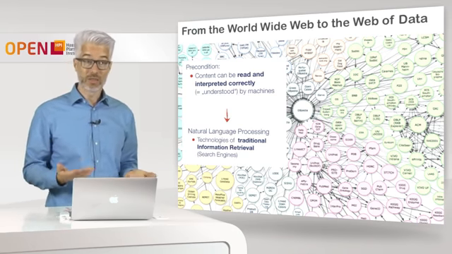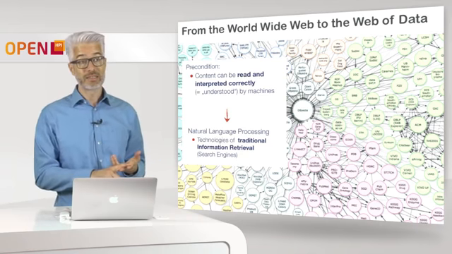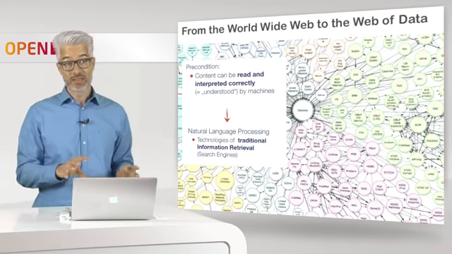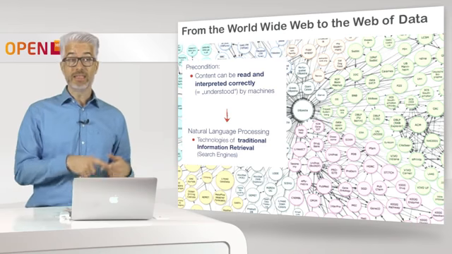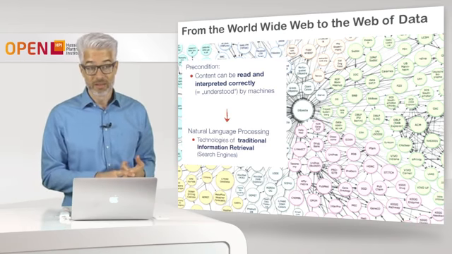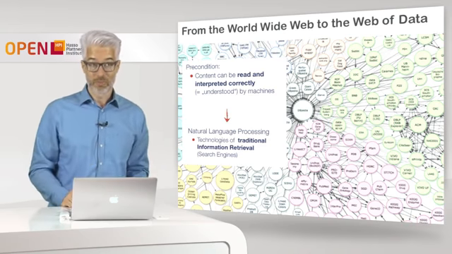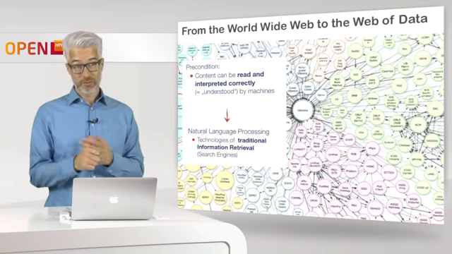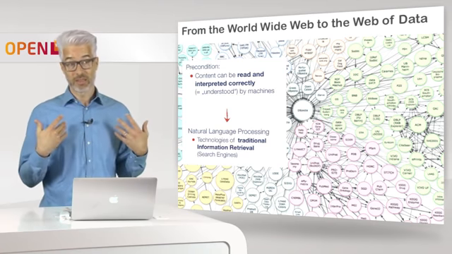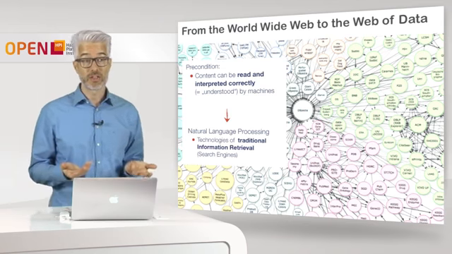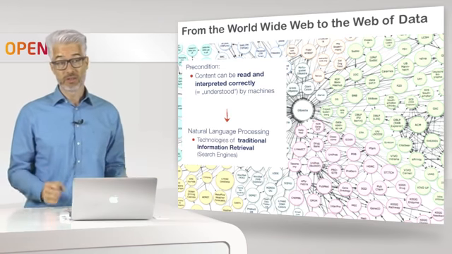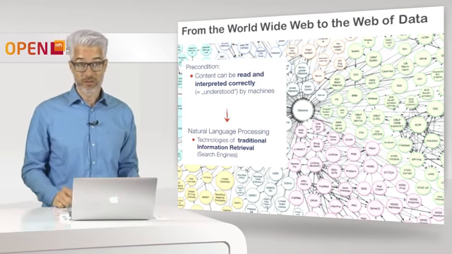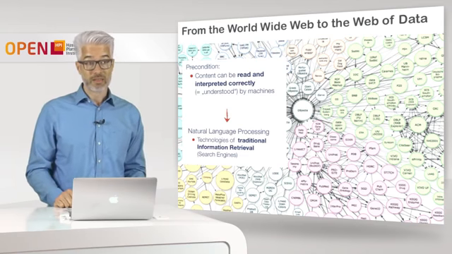And we know already that understanding in our sense means the information has to be read and interpreted in the correct way, which means understood by machines. So the first way to do this is with the help, for example, of natural language processing technologies. These are kind of traditional technologies that search engines on the web, for example, are using.